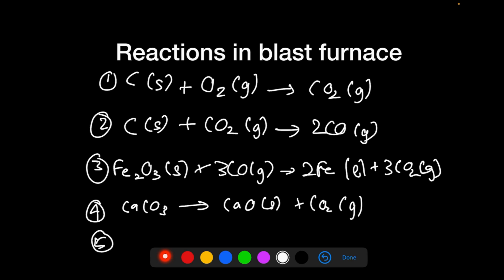And the last reaction is the reaction of calcium oxide with silicon(IV) oxide. So CaO plus SiO2 gives CaSiO3, which is known as slag. These are the five reactions. We need to learn these by heart.